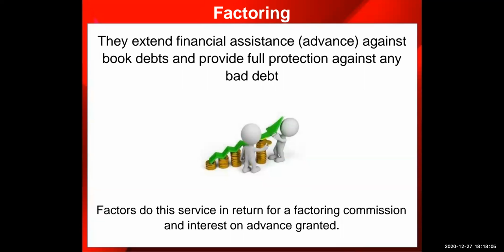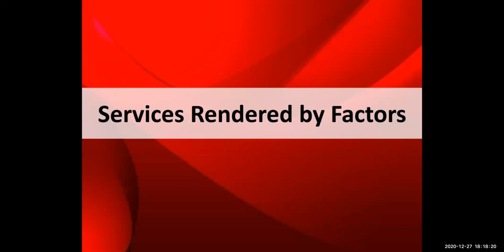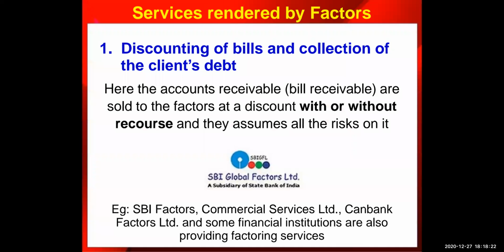They extend financial advice or assistance or advance against the book debts and provide full protection against any bad debt. Factors do this service in return for a factoring commission and interest on the advance granted. There are certain services rendered by the factors. First is discounting of bills and collection of the client's debt.